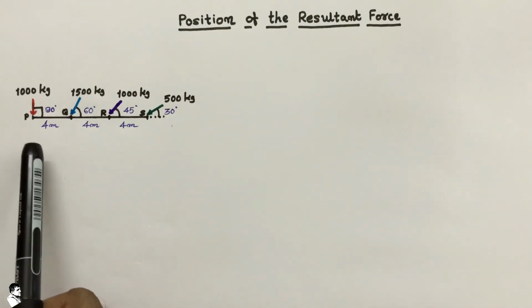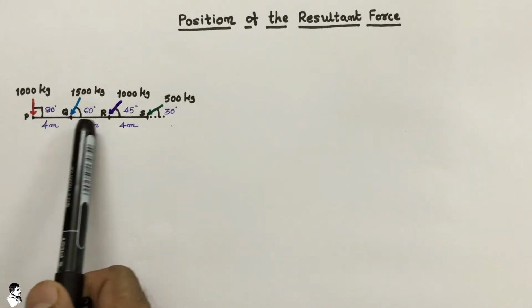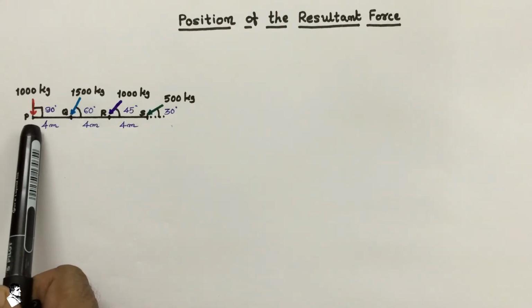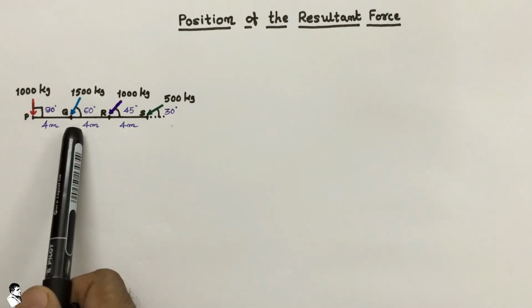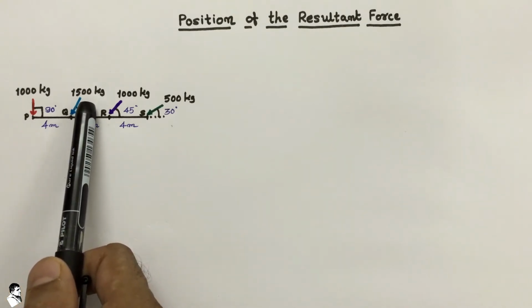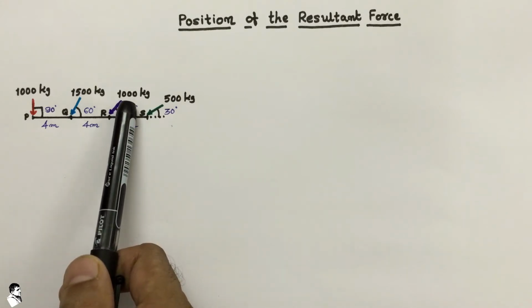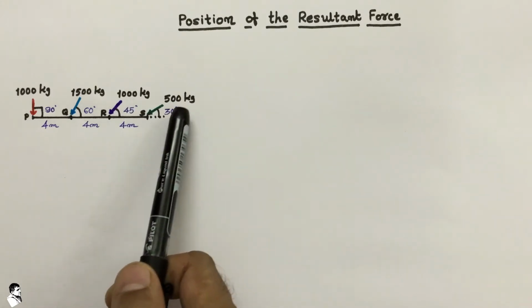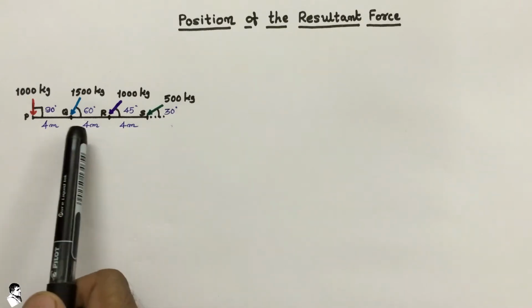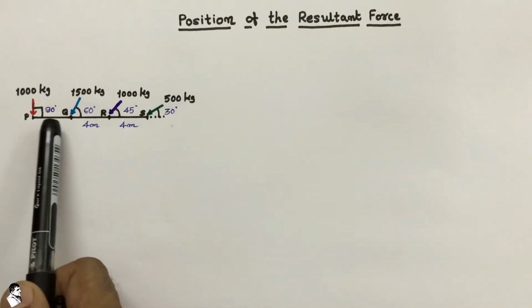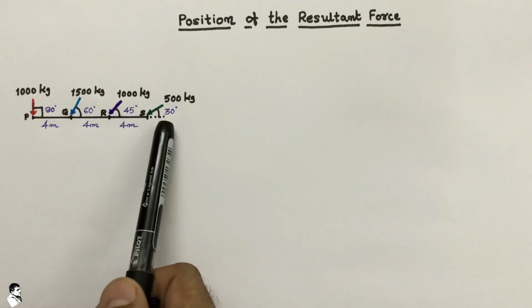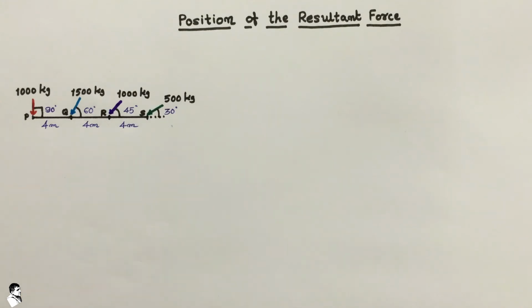Different forces are acting at different points: at P 1000 kg, at Q 1500 kg, at R 1000 kg and at S 500 kg, and all the forces are acting at different angles.